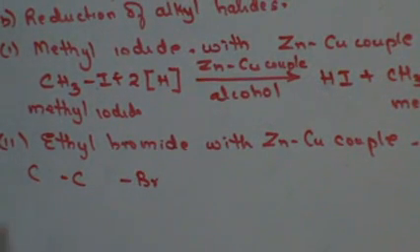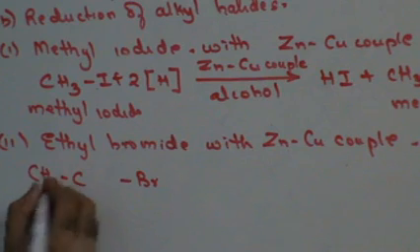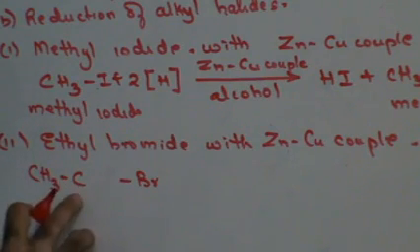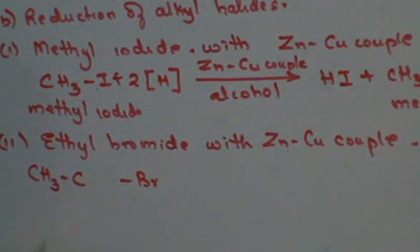Now guys, put your bonds. This carbon has only one bond. The number of hydrogen atoms is always 4 minus the number of bonds. It has only one bond, so 4 minus 1, 3. It will have 3 hydrogen atoms. This carbon atom has 2 bonds. 4 minus 2, that means it will have 2 hydrogen atoms.